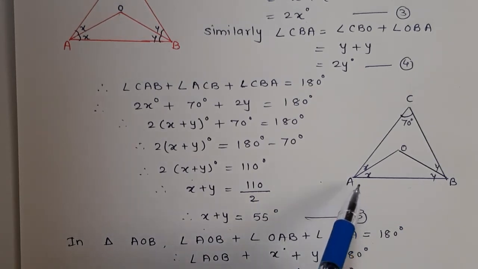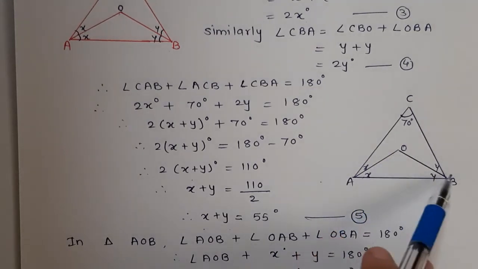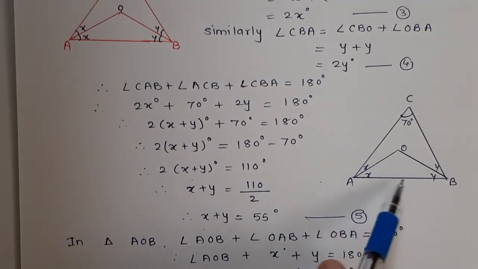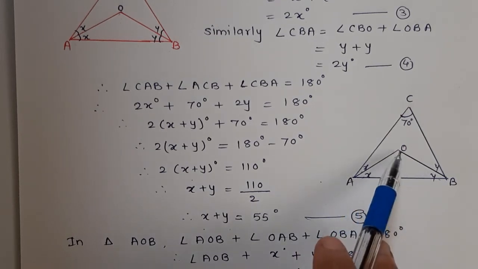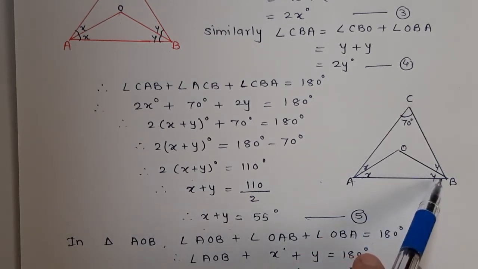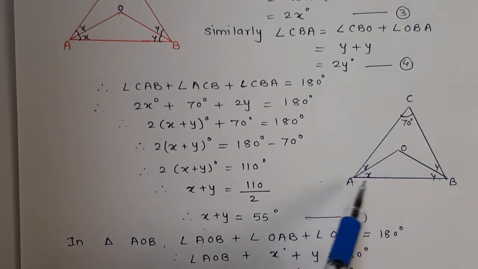Now just look at the diagram. Here we have to consider the small triangle AOB, and again we take the three angles in the triangle. The sum of the three angles in a triangle is 180 degrees. Now when we take their sum, we get angle AOB plus angle OAB plus angle OBA equals 180 degrees.